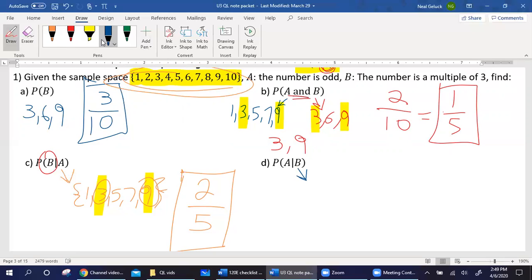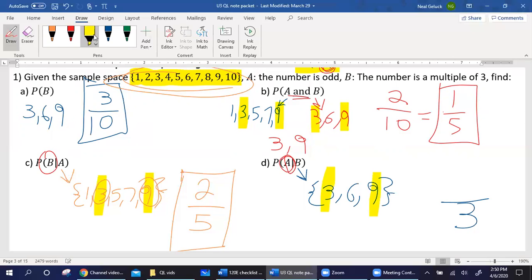So on the next problem, B, the number is a multiple of 3. Again, that's just the numbers 3, 6, and 9. So my sample space reduced to a total of 3 possibilities. So that's going to be my denominator. And now out of those 3, how many are odd?